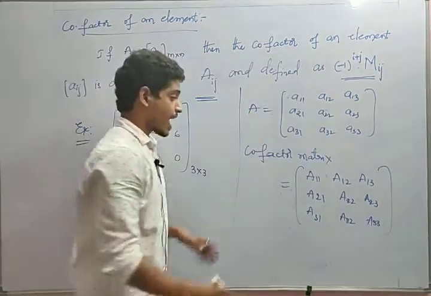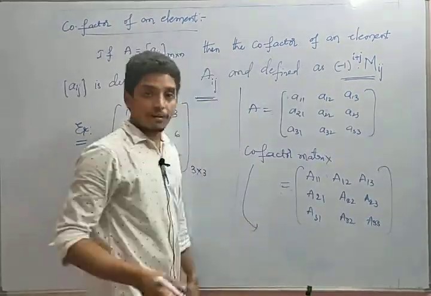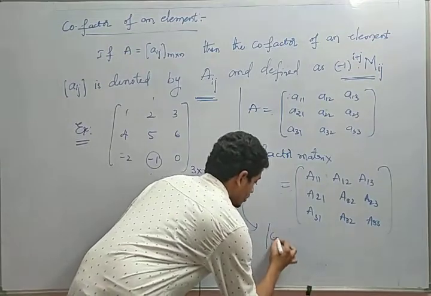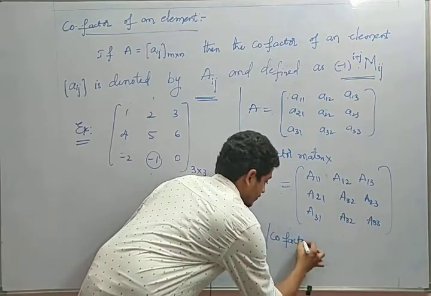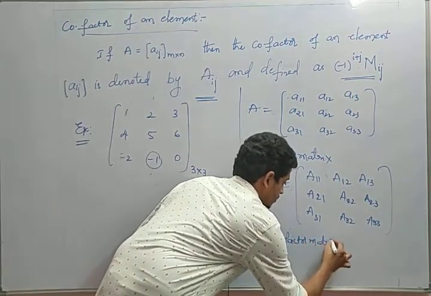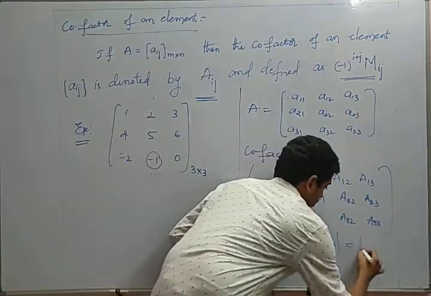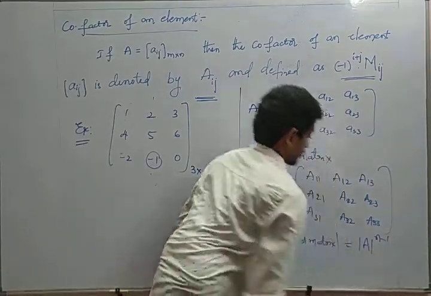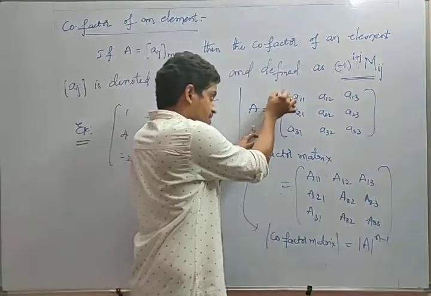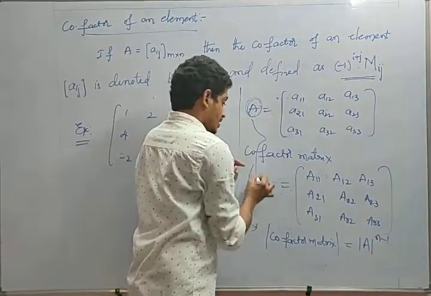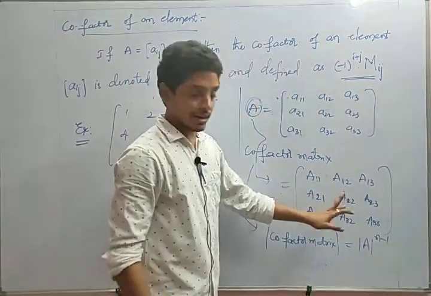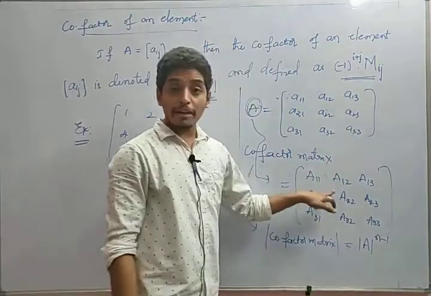Okay friends, another important property of the cofactor matrix is that the determinant of the cofactor matrix is equal to det A power n minus 1. In the sense, from the A matrix, we determine the cofactor matrix. What is the determinant of this cofactor matrix?